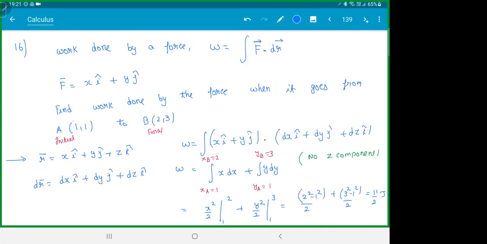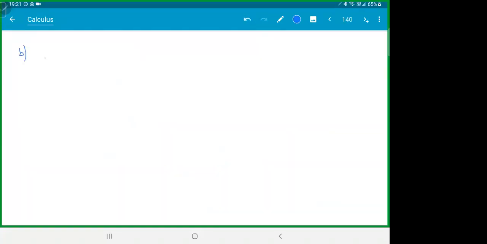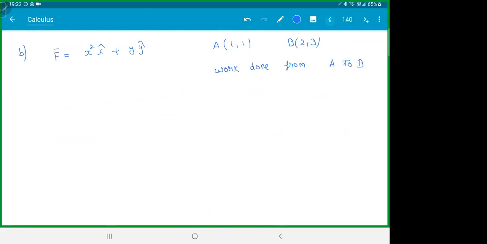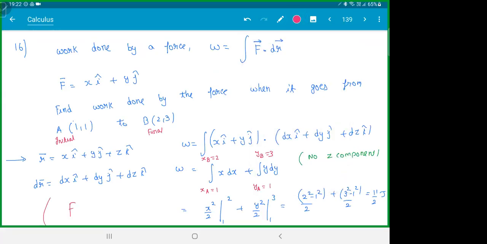So same question. Let's say the force is x square i cap plus y j cap, and you're going from A (1, 1) to B (2, 3). Same thing. Find the work done to go from A to B. I just changed it, I just made it x square i cap plus y j cap. I'll write it here, you can use this as reference and solve. So the force is x square i cap plus y j cap.